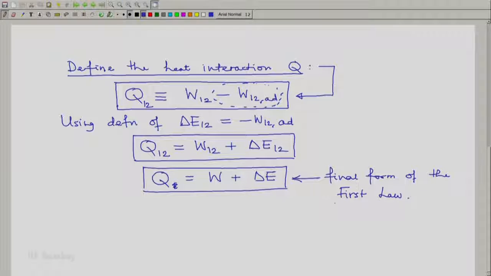And since we are looking only at a closed system, we should note that this is the format of the first law for closed systems.